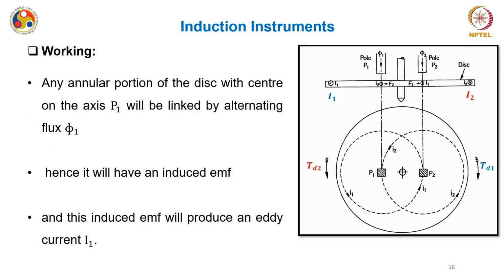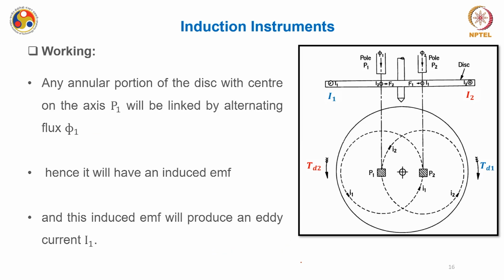Any annular portion of the disc with center on the axis of P1 will be linked by the alternating flux phi 1, and hence it will have an induced EMF, and this induced EMF will produce an eddy current I1. So because of this flux phi 1, this eddy current I1 is generated. So I can write that the cause of this current I1 is the flux phi 1.